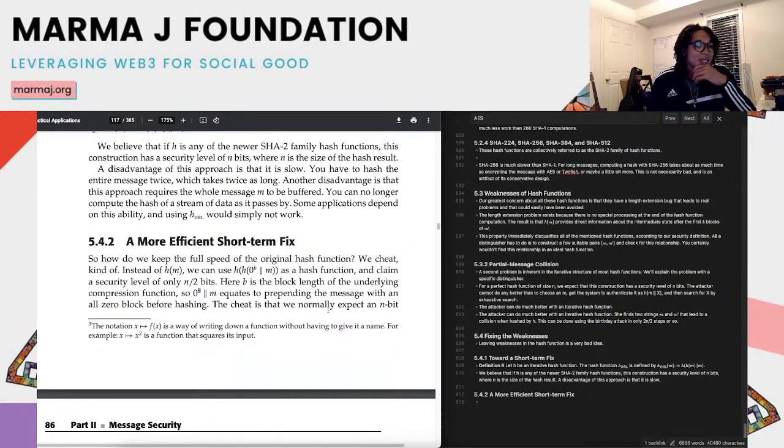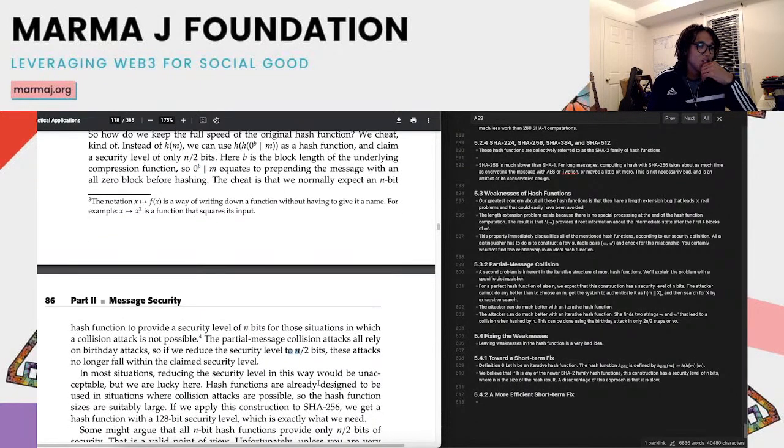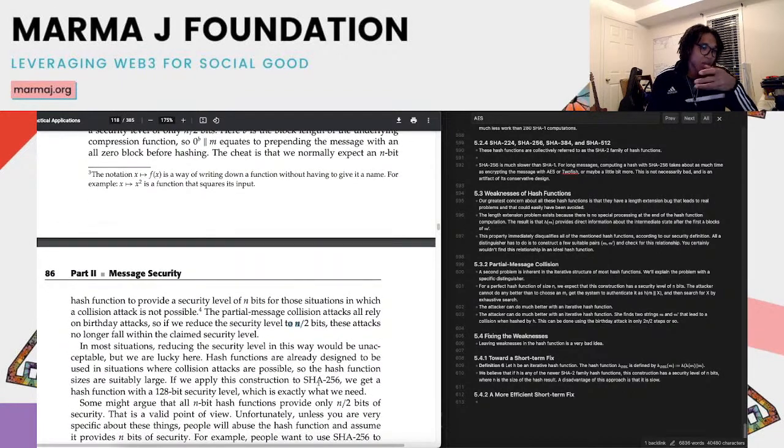The cheat is that we normally expect an n-bit hash function to provide a security level of n bits for those situations in which a collision attack is not possible. The partial message collision attacks all rely on birthday attacks, so if we reduce the security level to n over 2 bits, these attacks no longer fall within the claimed security level.